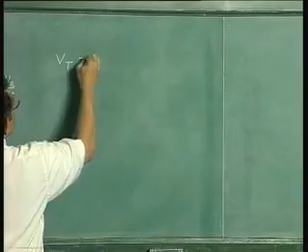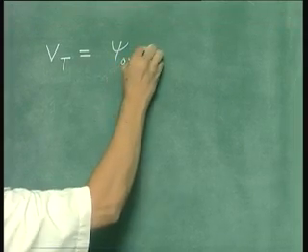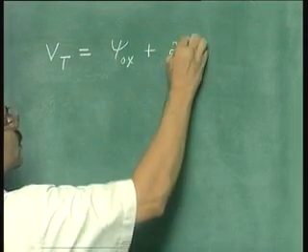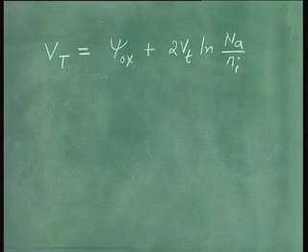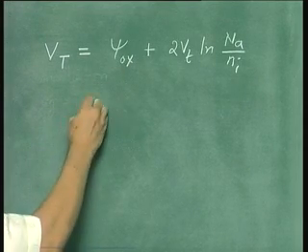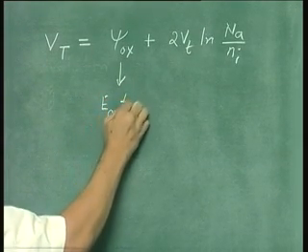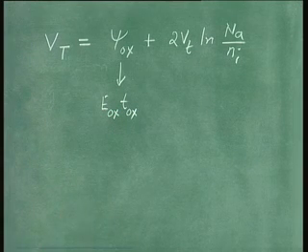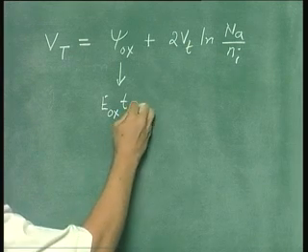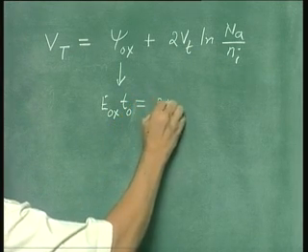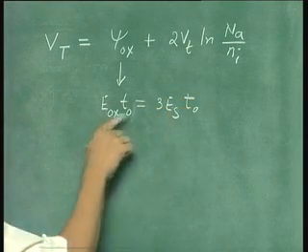So threshold voltage is equal to Psiox plus 2 times Vt ln Na by Ni, where Psiox is Eox into Tox or T naught. We are using the symbol T naught for the oxide thickness, which in turn is equal to 3 times Es into T naught, because Eox is 3 times Es.